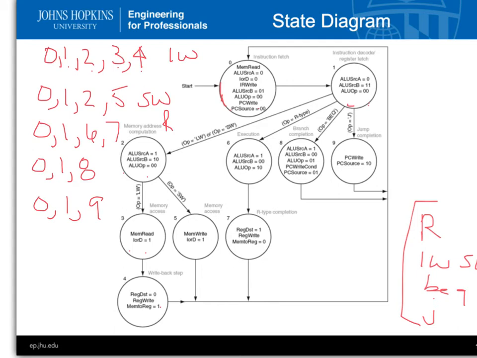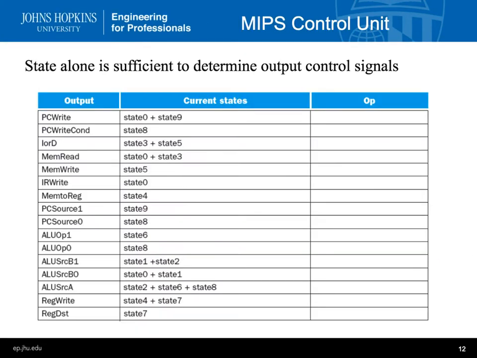So the control signals we talked about in the last slide are here, the values for those control signals. Each state has an input, and that would be the opcode or where we are now. Okay? And again, the output control signals are determined by what state you're in.